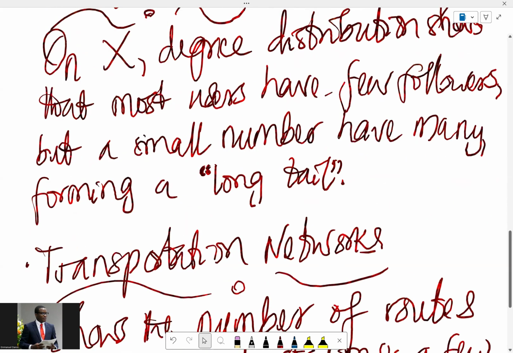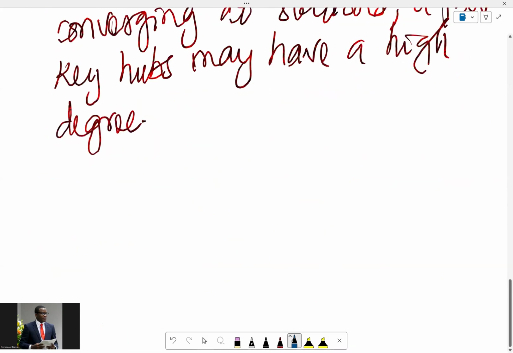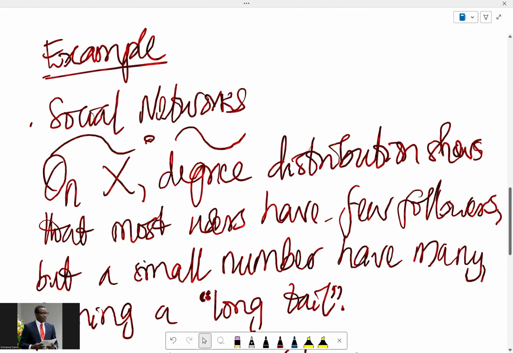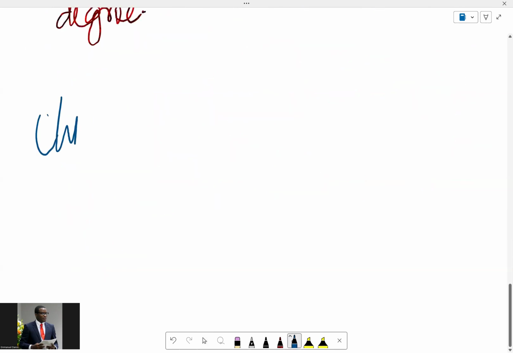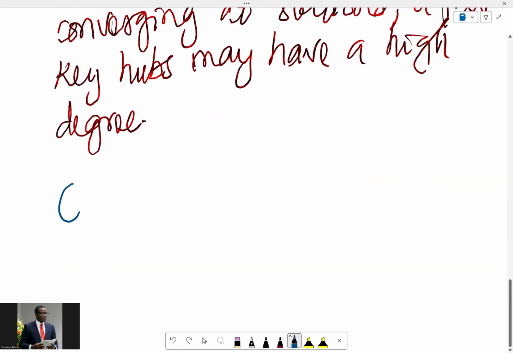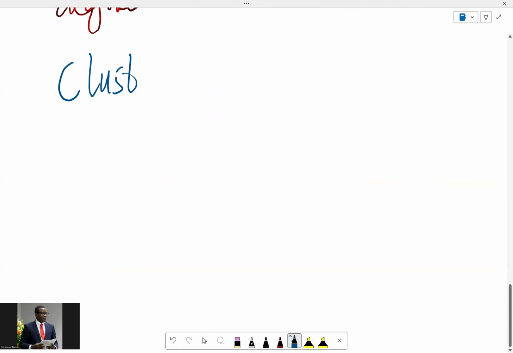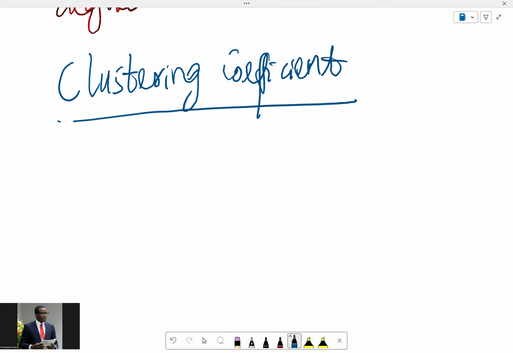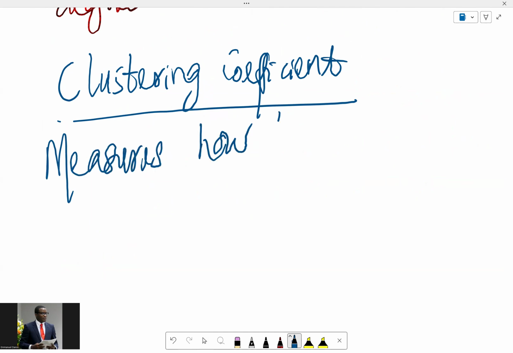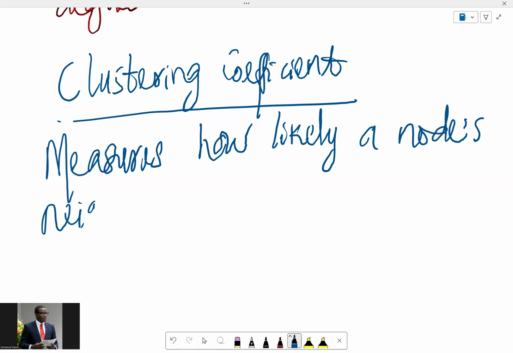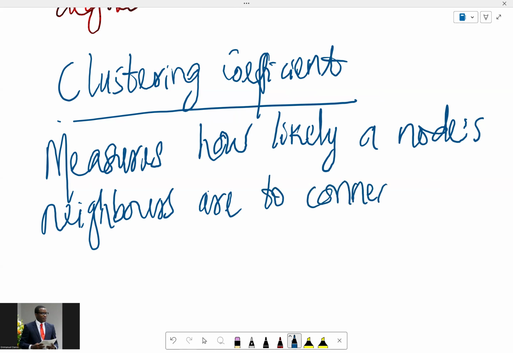So let's go on to talk about clustering coefficient. Clustering coefficient measures how likely a node's neighbors are to connect with each other.